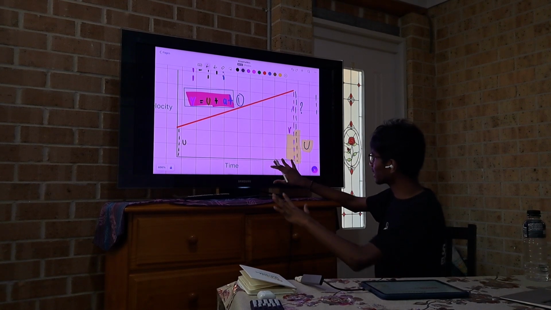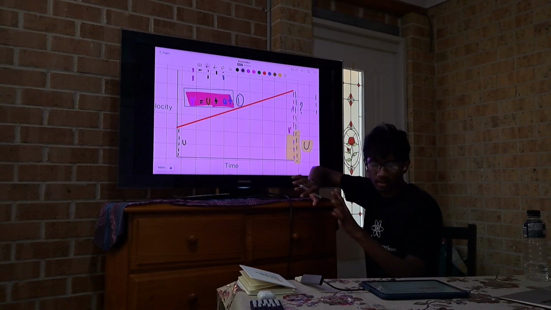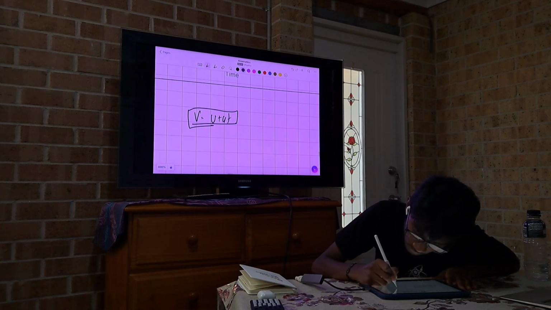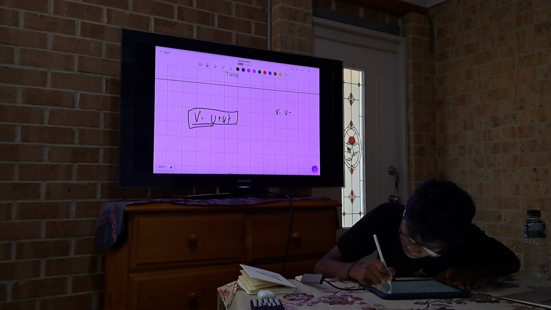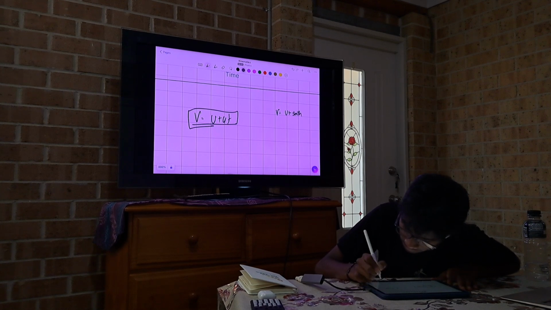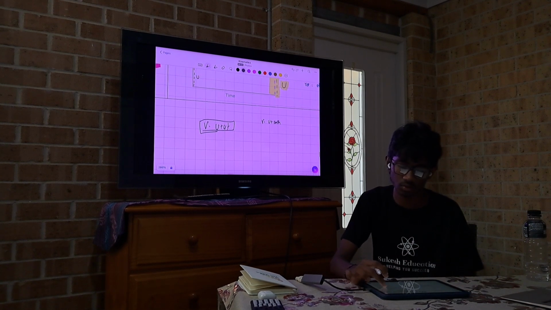So with understanding this, it's u plus something. Let's construct this: v is equal to u plus something.